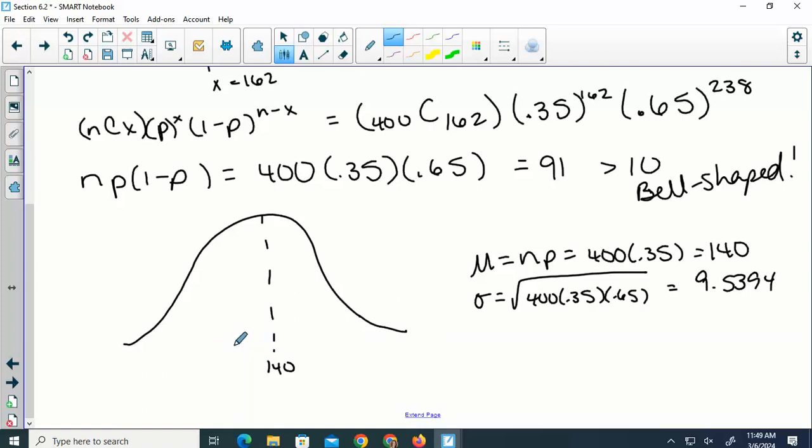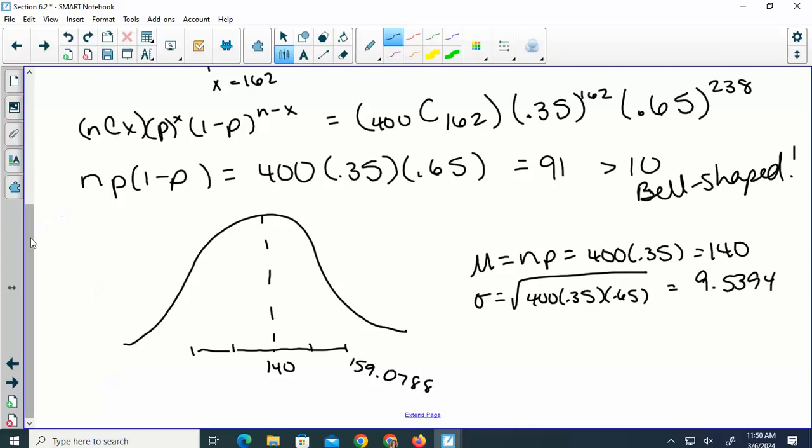So if I'm wanting 2 standard deviations, we have to add and subtract that twice, right? So I would have to do 140 plus, and I want to do it twice for 2 standard deviations. So that means anything above 159.0788 would put you out here in this region that's more than 2 standard deviations.